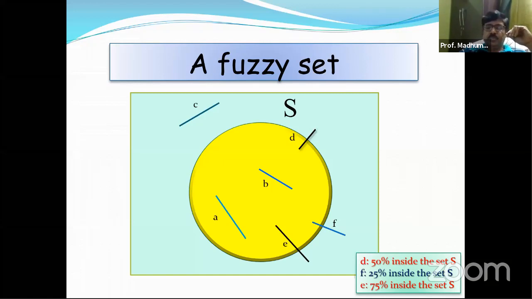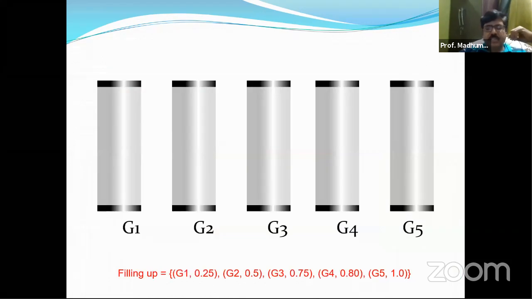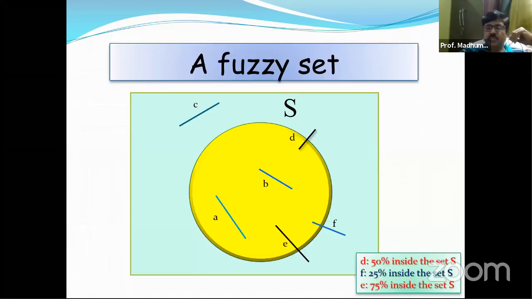Okay, so all the elements A, B, C, D, E, F, all line segments, are members of S with a certain degree of belongingness for the set S. So this is another concept: the degree of belongingness of the line segment in the set. In our conventional set theory, we just write the name of the elements in a set. But in a fuzzy set, we write the name of the element as well as the degree of belongingness of that particular element in the set. Okay, so this is the concept of the fuzzy set.